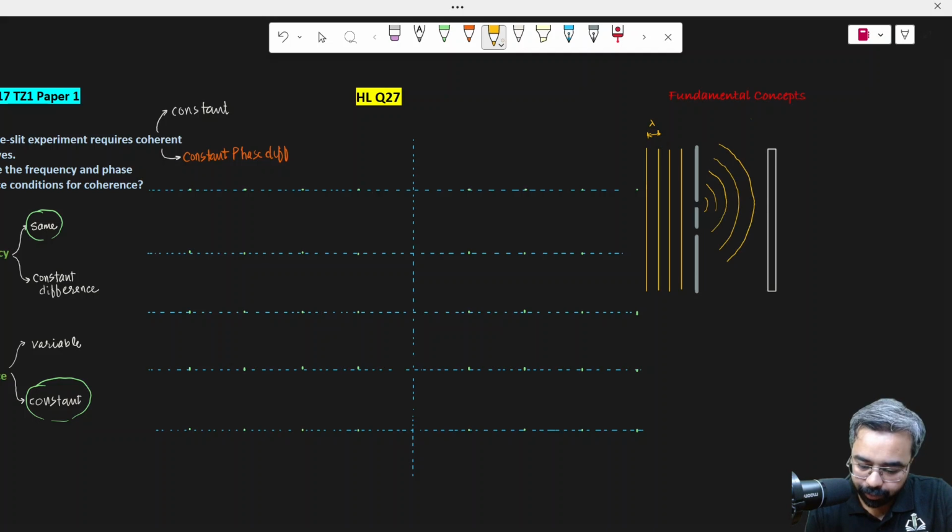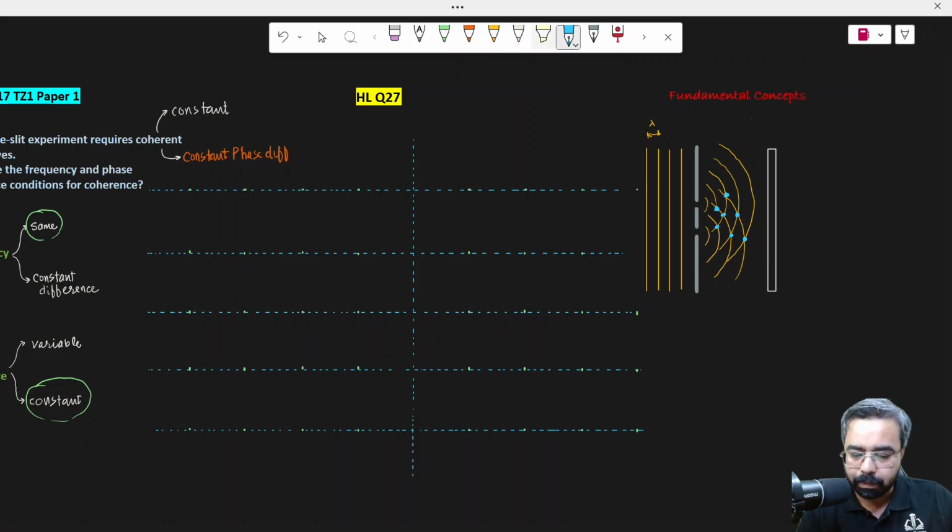When they diffract, you see that these two monochromatic waves are interfering with one another at these given points. At some points they interfere constructively, and at some points they interfere destructively.